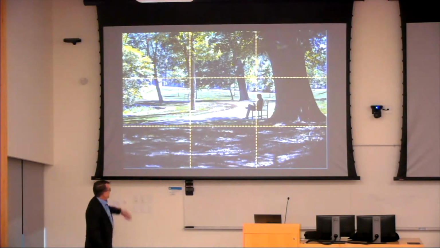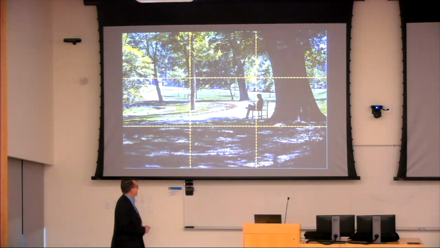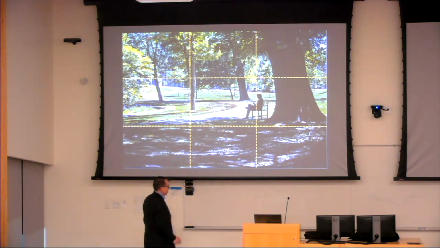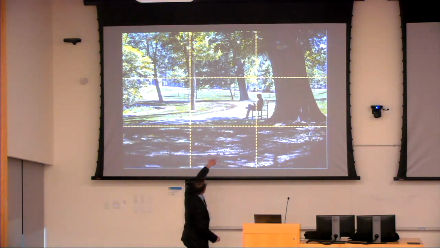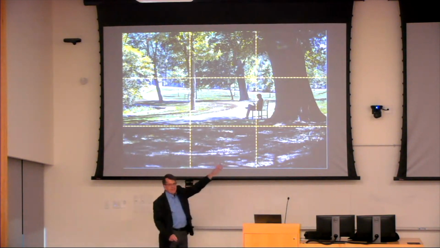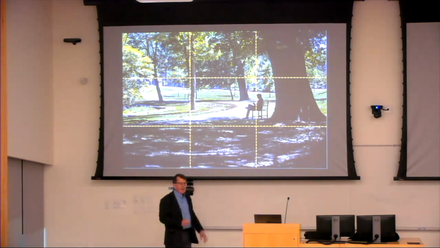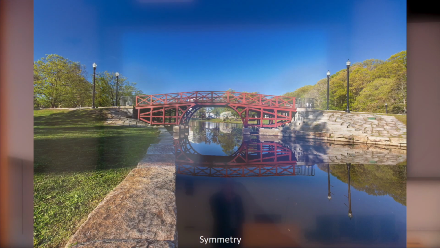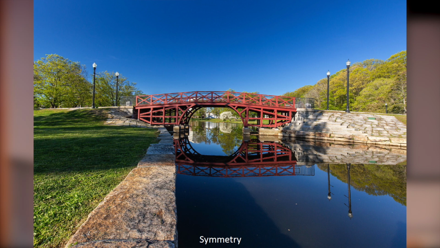So in this case, kind of having the dark shadow serve as the base for the bottom of the photograph, the person silhouetted against the lighter lawn, and keeping the tree on the edge so that your eye goes through the image and then hits the tree and returns.